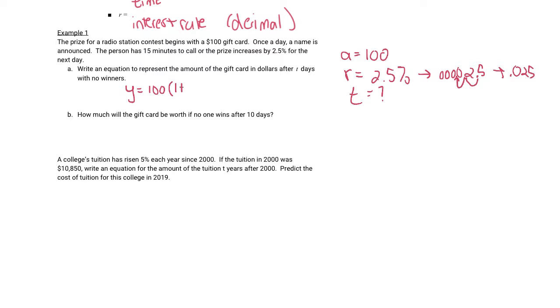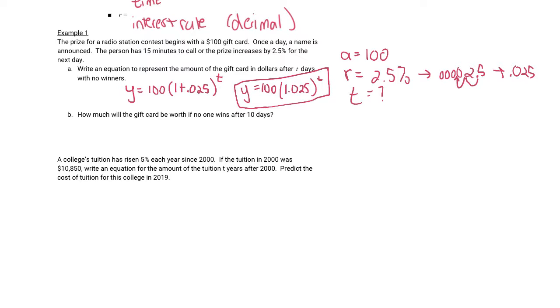So that's 1 plus 0.025, to the T power. We can only simplify this just a little before we've got the final answer. 100 can't change, but in the parentheses we make 1.025 to the T power. And that's our final equation.